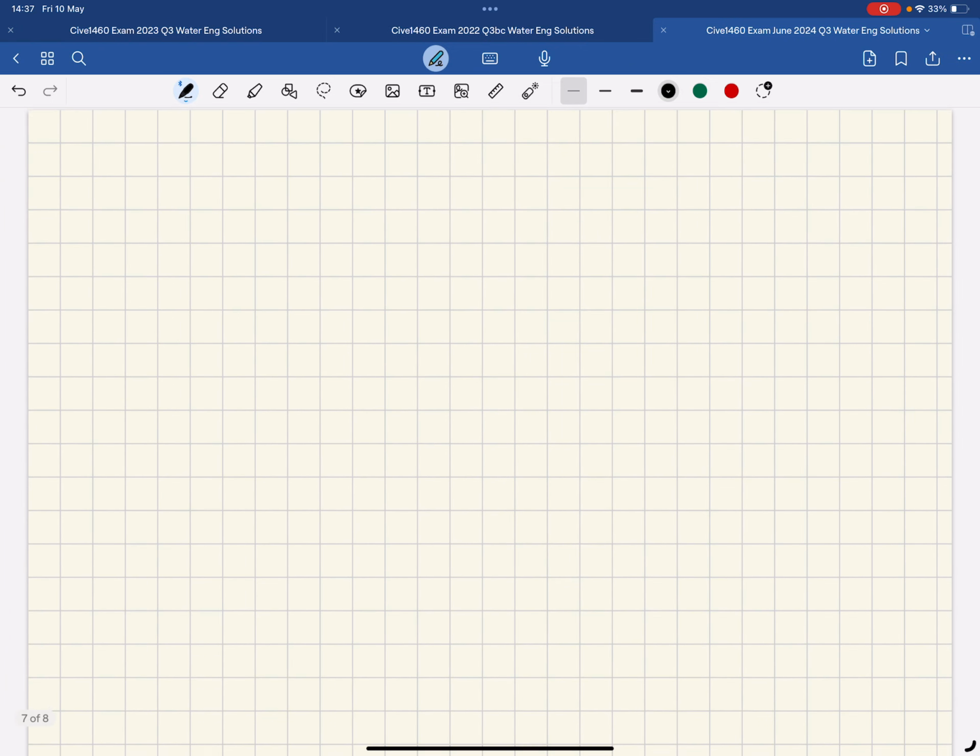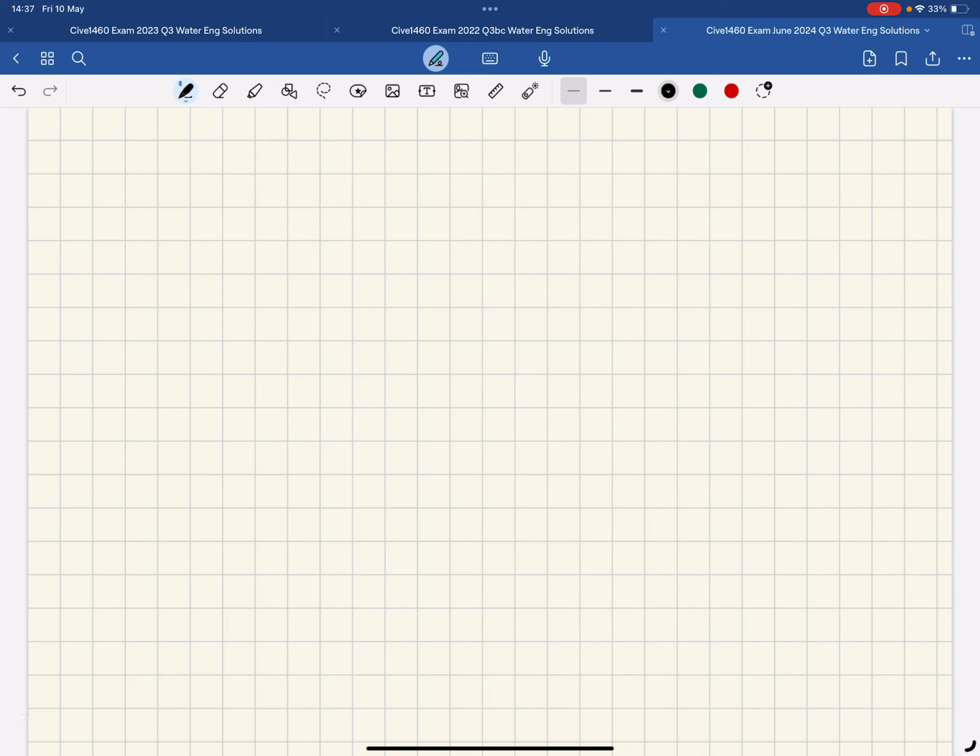Okay, next bit of the question, we need to calculate the moment. Now let me just draw the sketch, this diagram. We've got SC coming down. We've got a gate here. We've got this gate height of 2.5 meters.